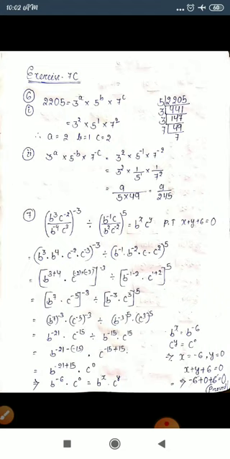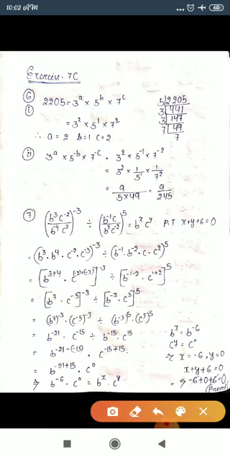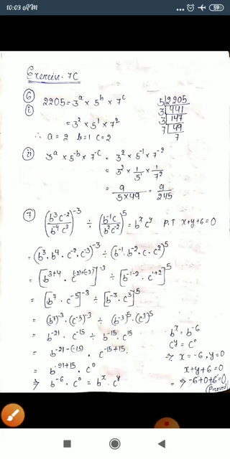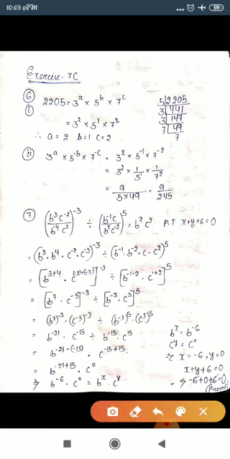So first take the LHS. I have solved this by using the rules of index exponents. Here B and C are there, so first write all the like bases together.